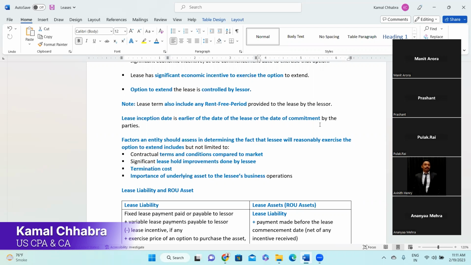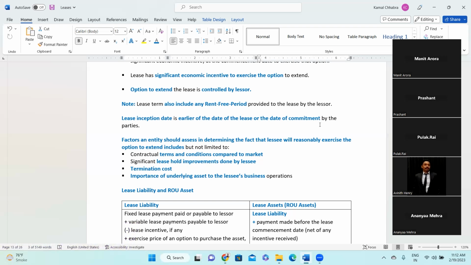Their occupancy level is 40 to 45%, or at the max 50%. So how do they attract lessees to their building? They give 3 months free rental to the lessee and request them to start using the place, and if they like it, then it will go into the lease agreement. So in that scenario, whatever free rental period you have given, you also need to consider in the lease terms.